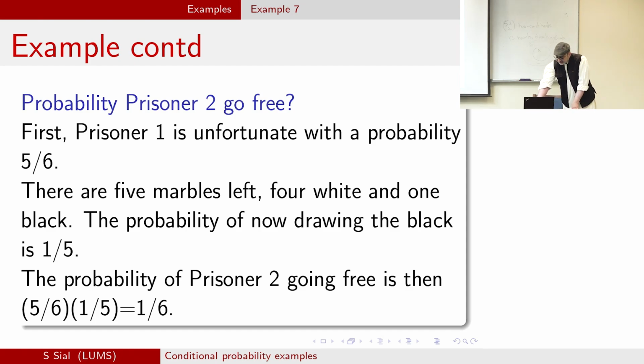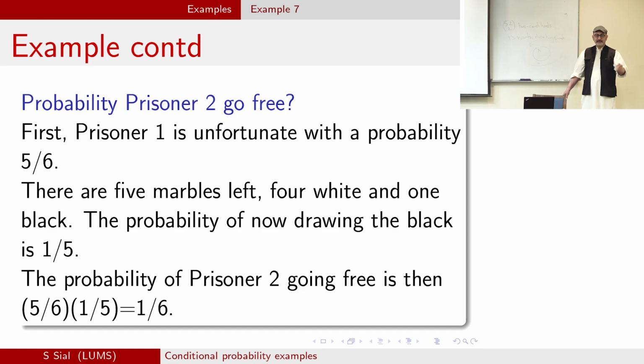What's the probability that the second one is released? In order for the second one to be released, the first one had to be not released, which had a probability of 5 over 6. So the first one would have to be not released, and this person would have to draw the black marble. The probability of drawing the black marble now is 1 out of 5.